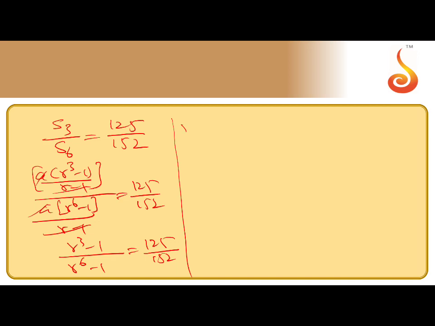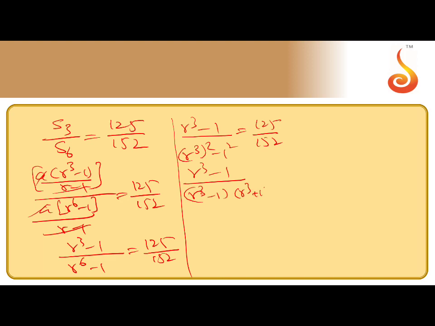So what to do here? You can write R power 6 as R cube whole square minus 1 square. So now the denominator is A square minus B square: R cube minus 1 into R cube plus 1 equals 125 by 152. R cube minus 1 cancels. Take the reciprocal. What you want to find? That's why you can take the reciprocal.